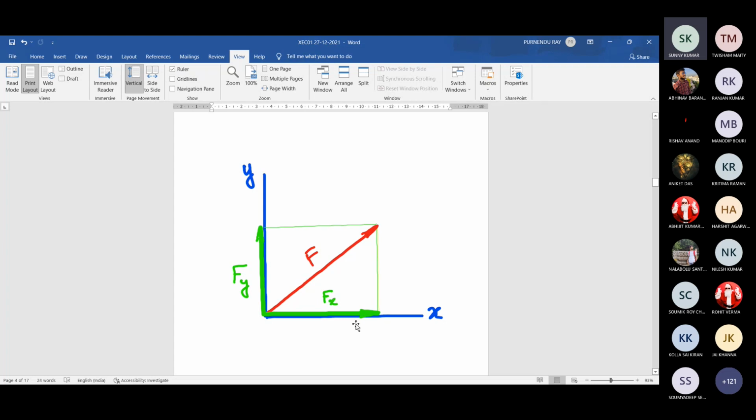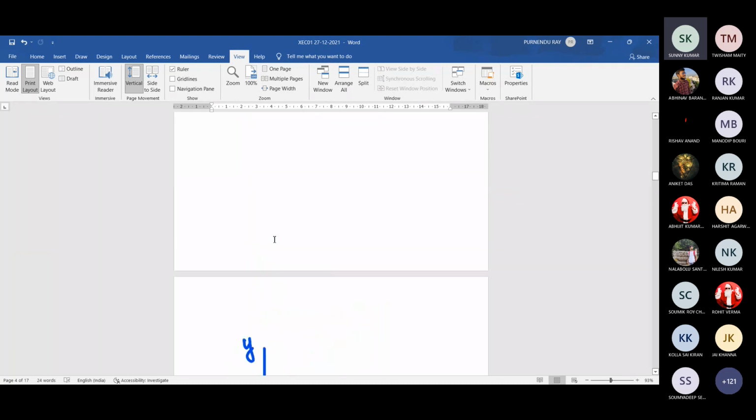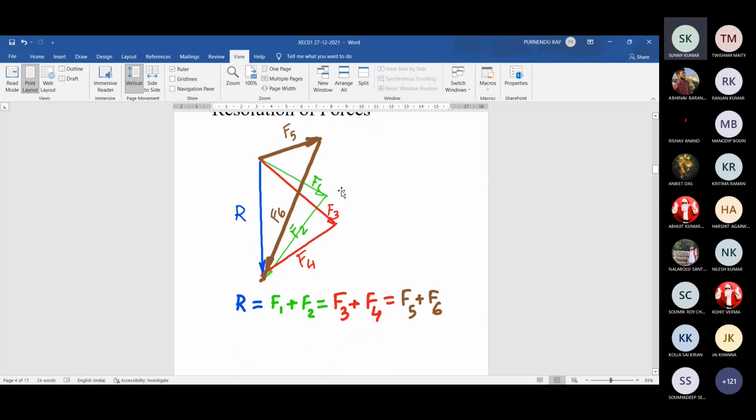Then these two lines are perpendicular to each other, and we can frame it on this Cartesian coordinate system, x and y, mutually perpendicular to each other. In that case, this part is called the x component of the vector F, and this is the y component of the vector F. It is simply this kind of resolution.